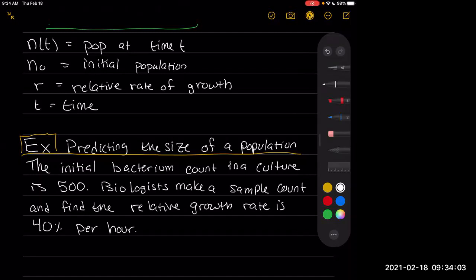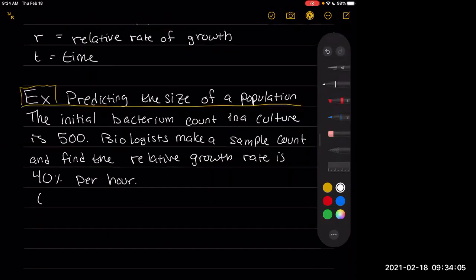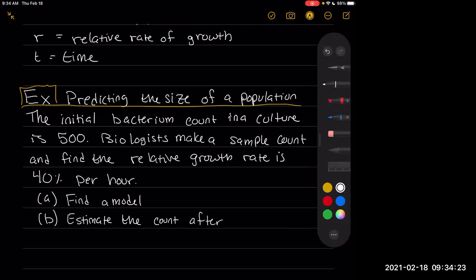So first we're going to find a model. Then we're going to estimate the count after 8 hours.